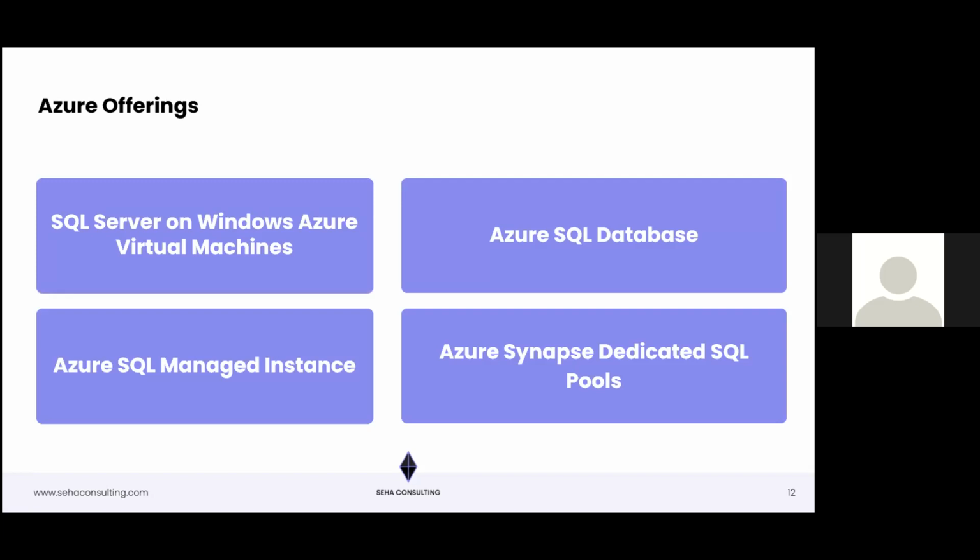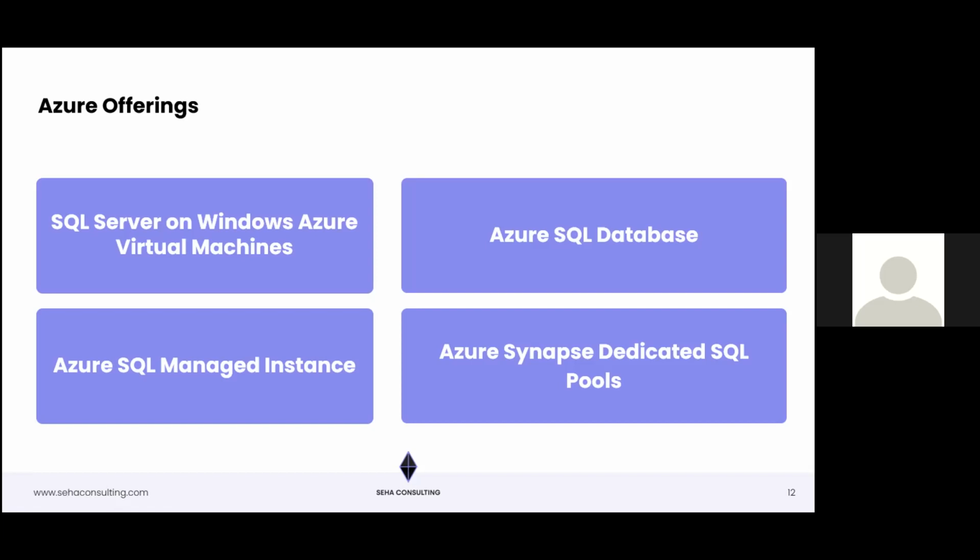So next we get to the different Azure offerings. As we mentioned, we're going to talk about 4 different options that exist. One is SQL Server on Windows Azure virtual machines. Then you have 2 very similar options in Azure SQL Managed Instance and Azure SQL Databases. We'll talk about where they're similar and where there are important differences.